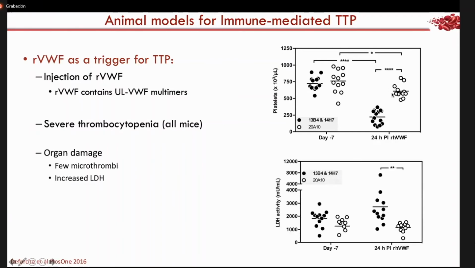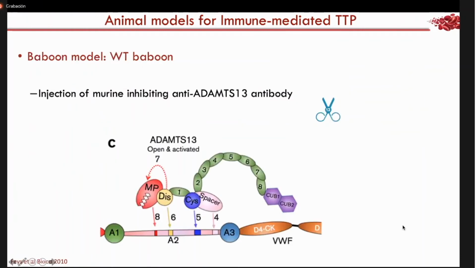We also observed hemolytic anemia and organ damage, which we measured by an increase in LDH. So again, the black dots, 24 hours after injection of recombinant VWF and the inhibitory antibodies, you see an increase in LDH, which is not the case with the control antibody.